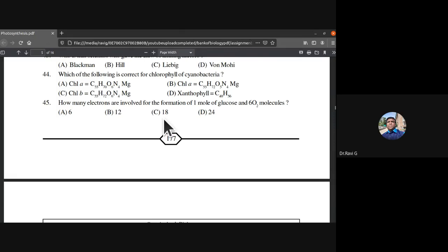Okay, so for 1 mole of glucose, they have to undergo 6 cycles. 6 cycles of non-cyclic photophosphorylation are needed.